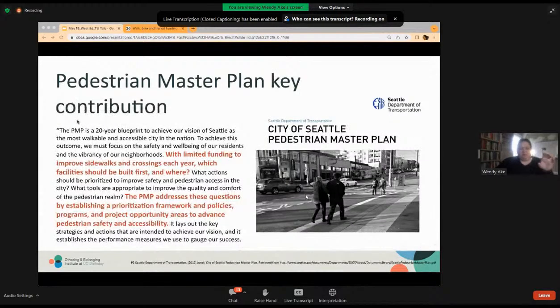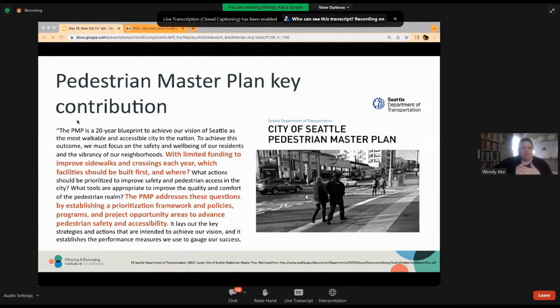But one of the central concerns and contributions to the field, as far as I'm concerned, is that they came up and organized their prioritization strategy exclusively on the question that there's limited funding to do what they were doing. They had the money from a tax levy. They needed to figure out what they were going to do with it.